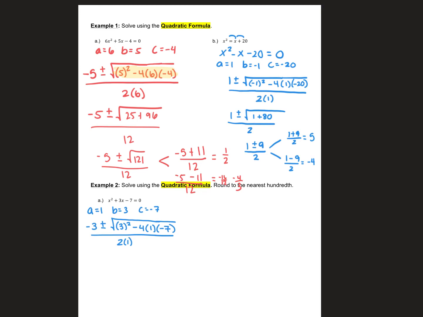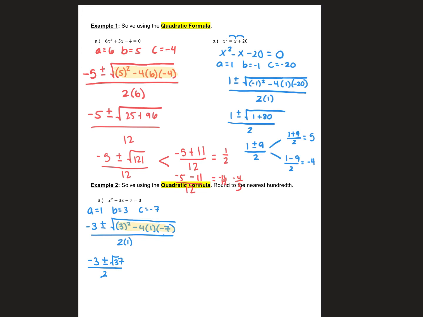Everything that's underneath that square root, you want to put in your calculator first. If you use those parentheses, it's going to help you. Once you put that in your calculator, you should get the square root of 37. That is not an even square root. If it were 36, it would be 6, so it's got to be close to that.